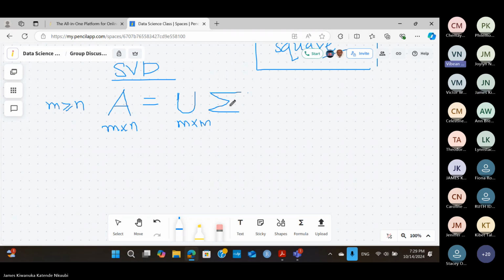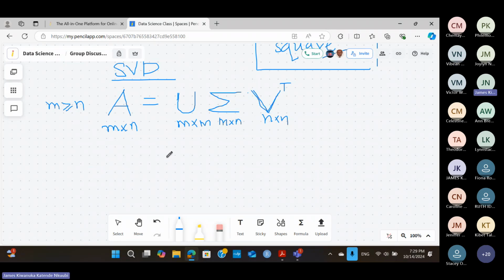This matrix is supposed to be M by N. The last one is V transpose, so this should be an N by N matrix. This is the transpose of V.